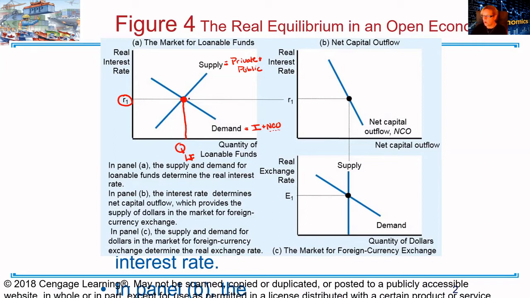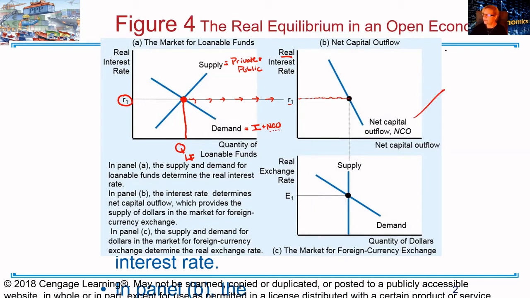Now, essentially what we do is propel this. Again, I said the driver, right? So now we have the second panel. Here's the real interest rate. Okay, notice it's the same as in A. We then bring that to net capital outflow. Net capital outflow is negatively sloped. Why would that be?